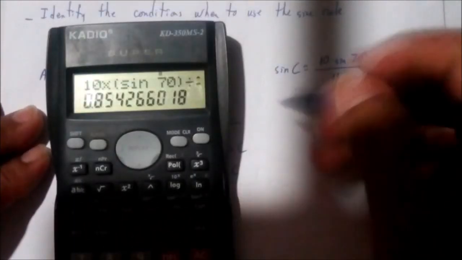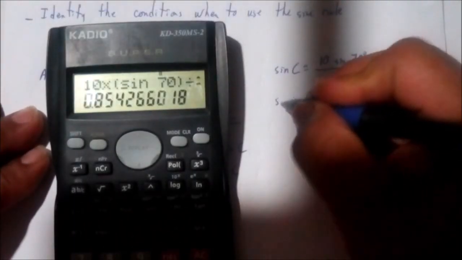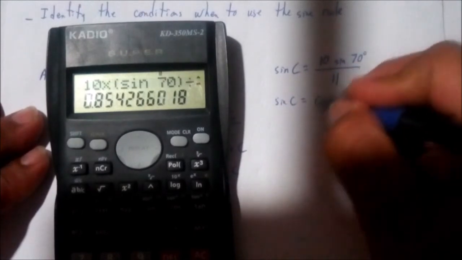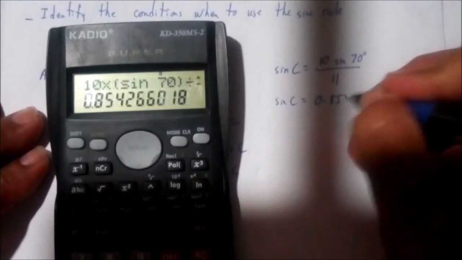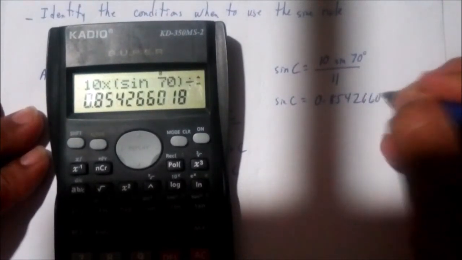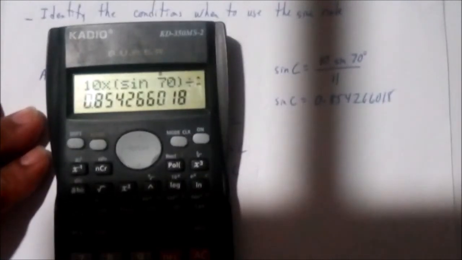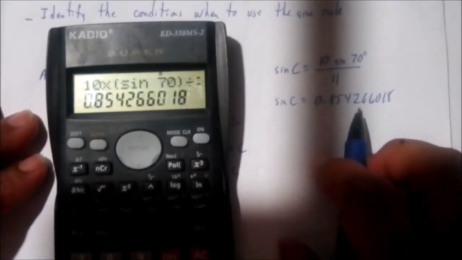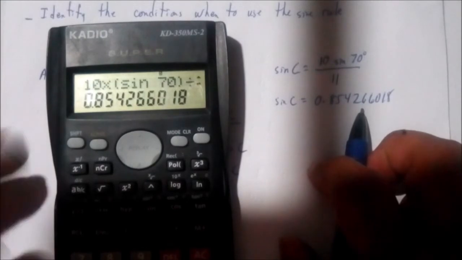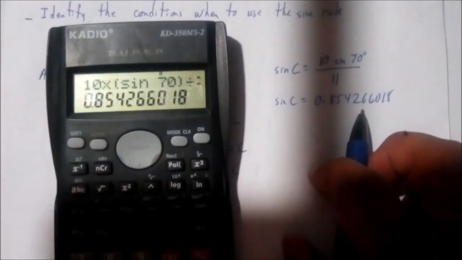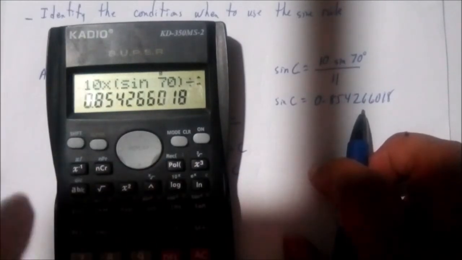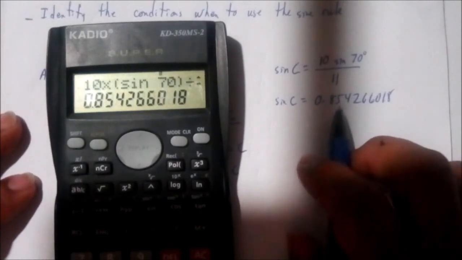So this can be written as sine C equals 0.854266018. You may decide to round it off here to a certain number of decimal places, or you could have done your operation in one equation. So this is not our solution yet.